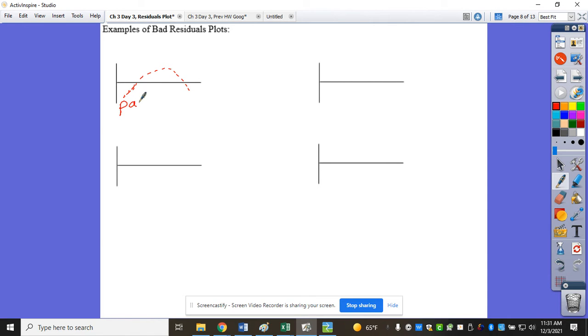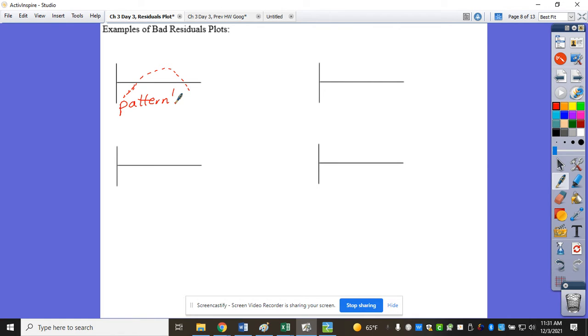So this one is bad because that is definitely a pattern. And sometimes when you do the scatter plot, it doesn't look like that's actually happening until you switch it to your residuals plot, where you turn it sideways and zoom in. This means the model is not right. We need to transform it to do something. Basically, it's a nonlinear pattern.